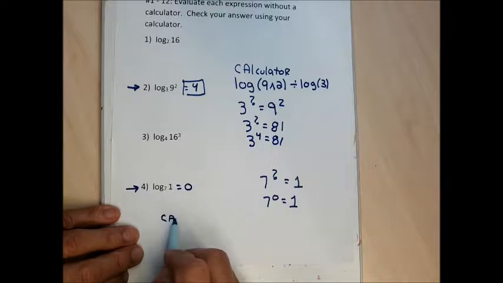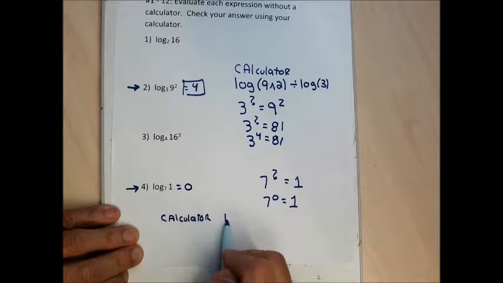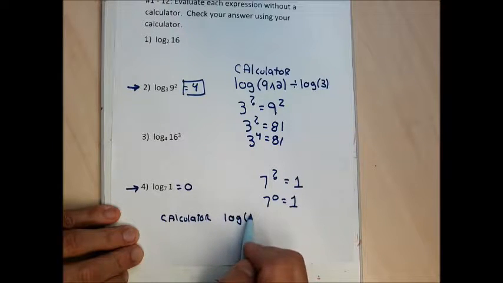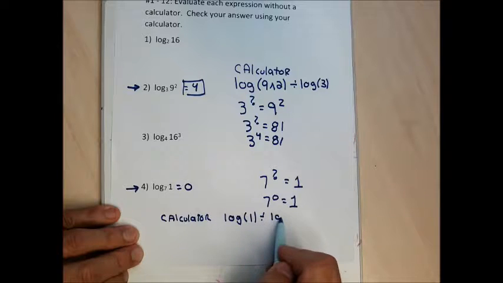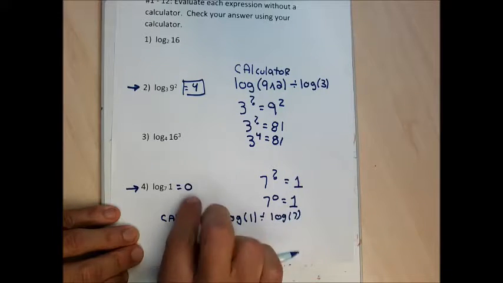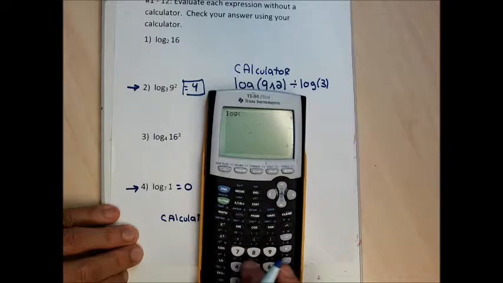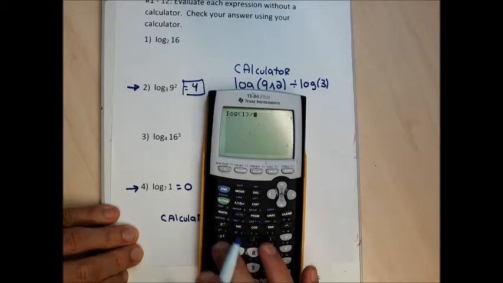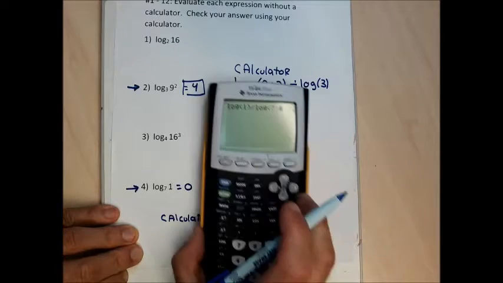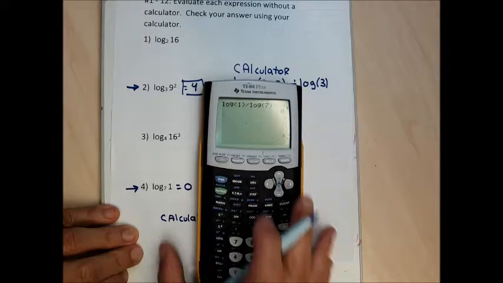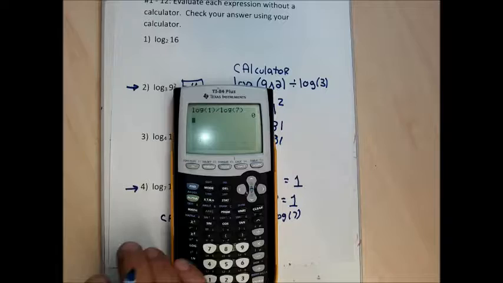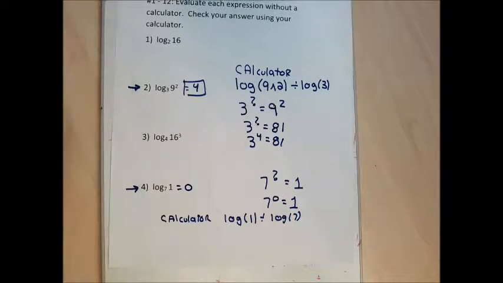If you want to do this on your calculator, you would just go log of 1 divided by log of 7. You'd hit enter and it's going to give you the answer. So ultimately, all I need to see is the answer. I don't need to see any work. So either do it in your head or use your calculator. Don't write anything down for logarithms.